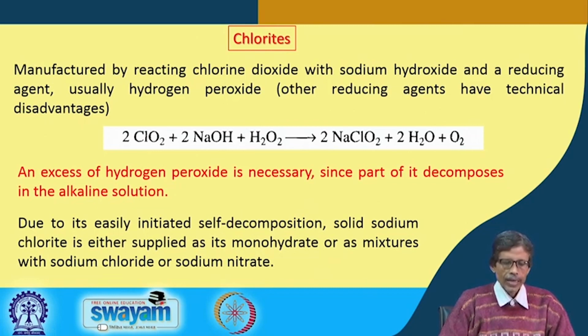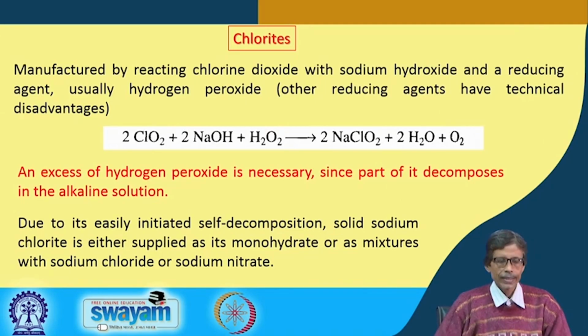So you have a very easily available form of the self decomposition. Solid sodium chlorite is either supplied as its monohydrate, so it should be crystallized as the monohydrate, taking the water molecule produced from the reaction medium as its water of hydration, or as a mixture of sodium chlorite and sodium nitrate, because sodium nitrate can be utilized for stabilizing the sodium chlorite itself. Sodium chlorite, like hydrogen peroxide, can also undergo self decomposition.